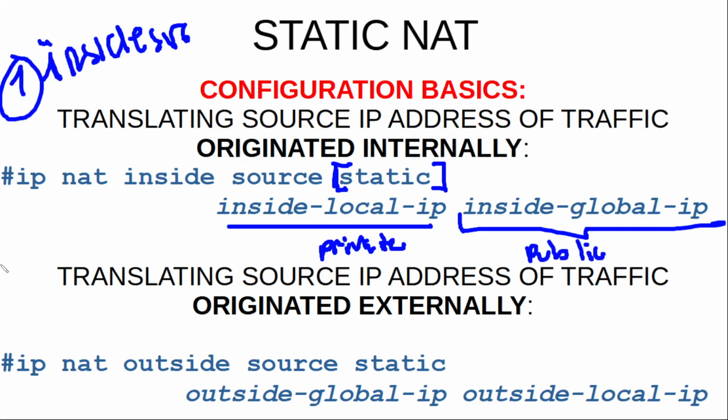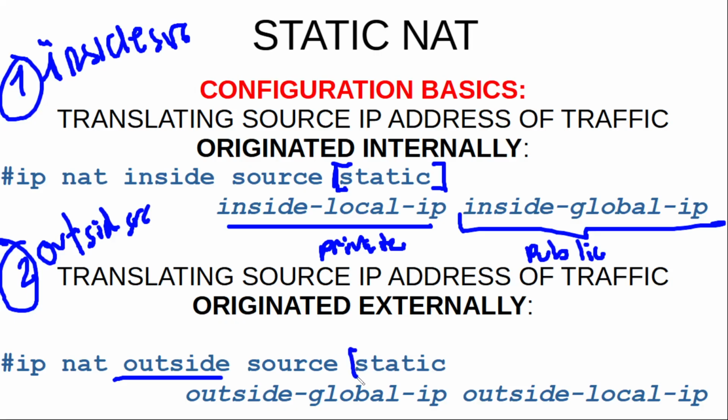And if you go for option number 2, which is outside source NAT translation, that we said is seldom used, you are going to configure IP NAT outside source, and then the parameter static, and then your outside global, and then your outside local.